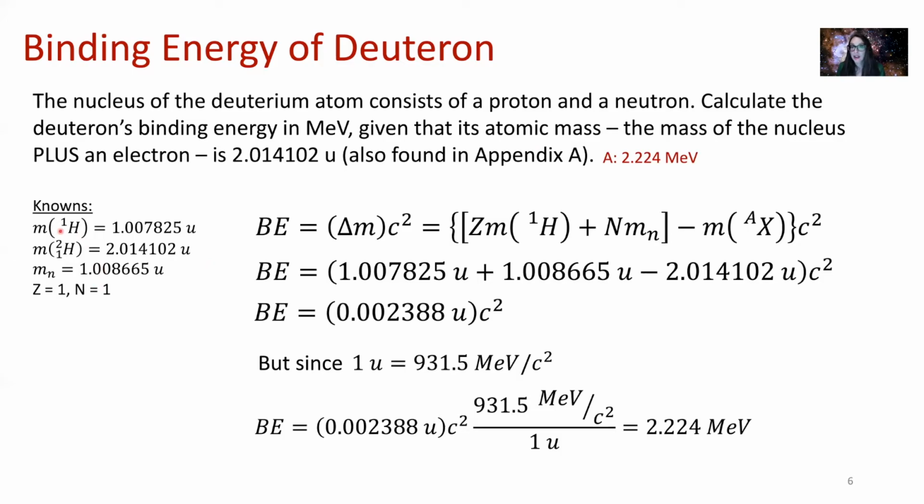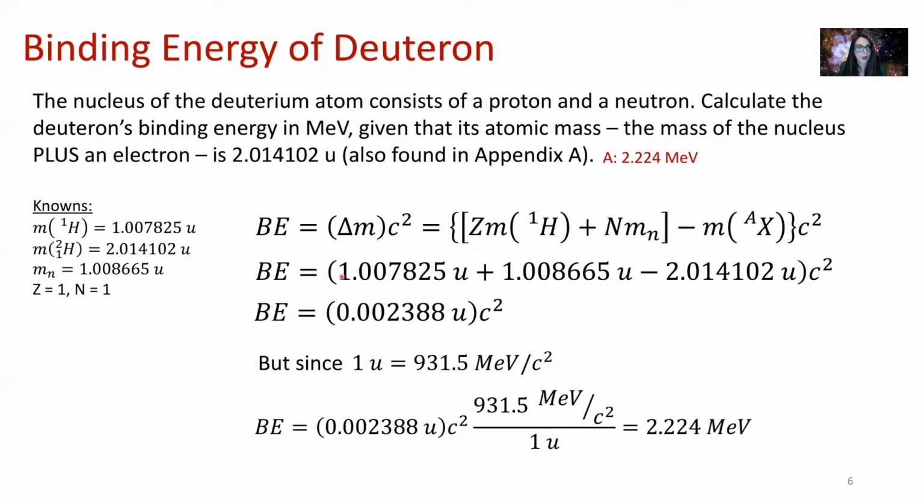The mass of one hydrogen atom from Appendix A is 1.007825 atomic mass units, plus our number of neutrons, which is 1, times the mass of a neutron, 1.008665 atomic mass units, minus the mass of our particular nuclide. In this case, we have deuterium, and that mass is 2.014102 atomic mass units.